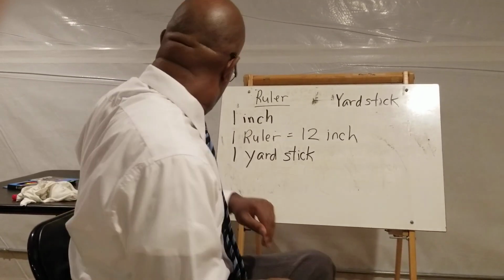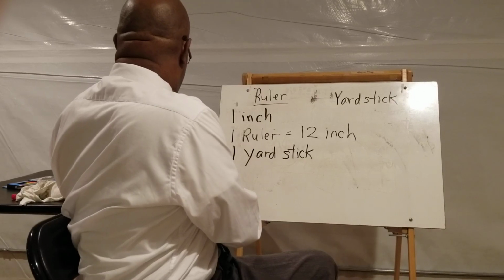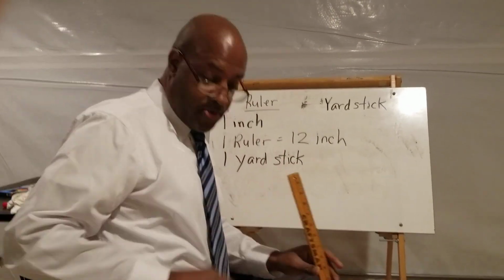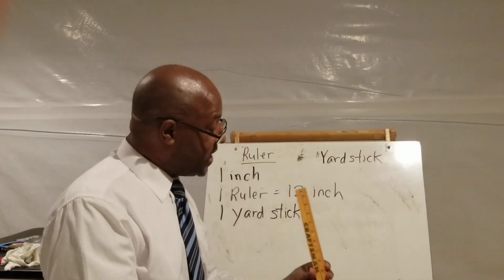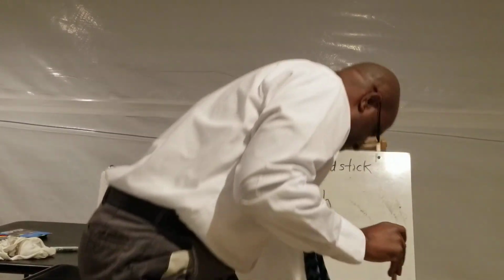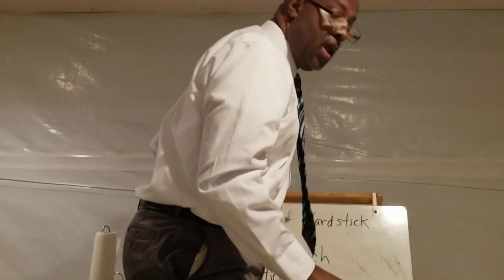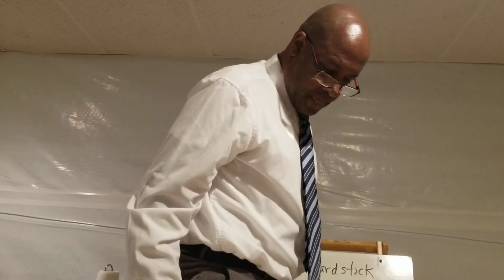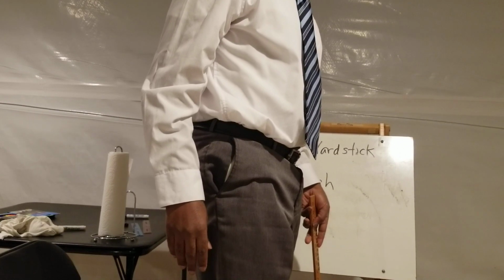Okay? Now, what else could I say in the real world that would be somewhere in the neighborhood of 36 inches? Now I'm going to stand up here, boys and girls, so bear with me. Well, look at these gray pants I have on, boys and girls. Can you all see these gray pants?